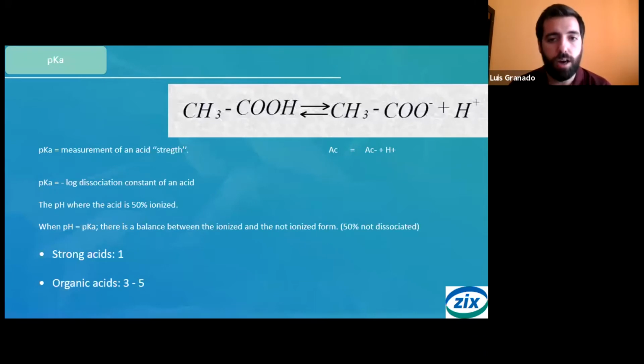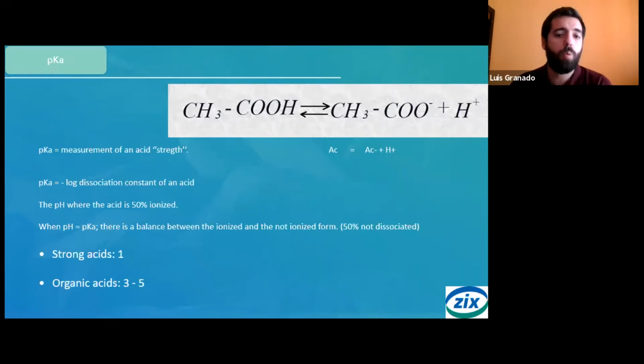So that is, the pK is the pH where the acid is in this balance. A lower pK will mean that the acid will need a lower pH to find the stability or the balance. So when a substance is out of stability, it will try to reach it, and in the case of acids, they will be releasing these hydrogen protons to get to that balance.